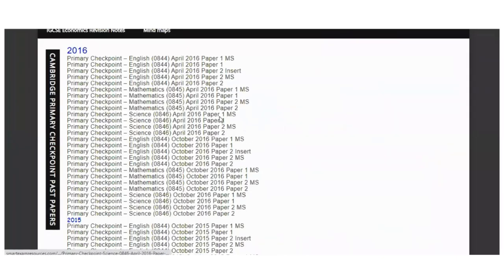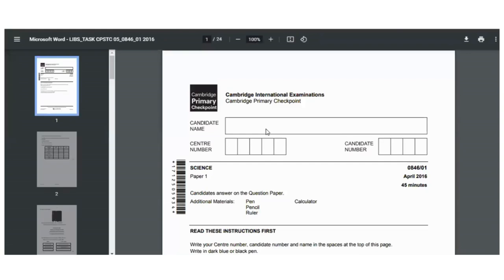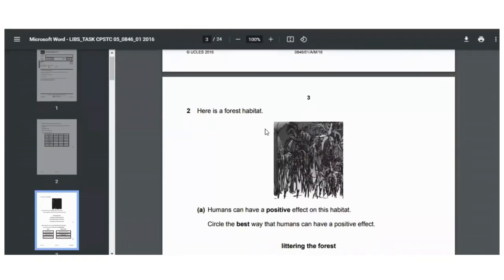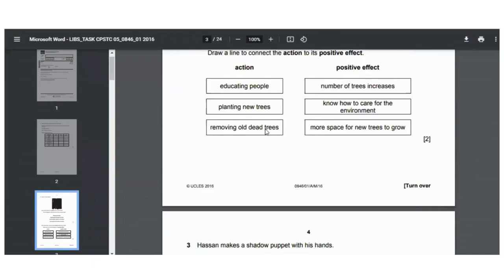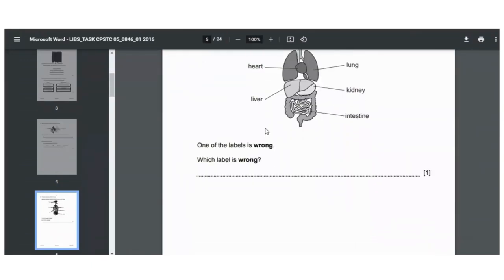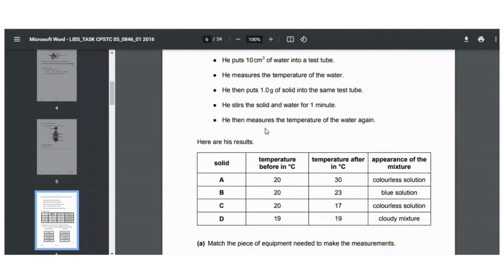But let me pull up one science one. Don't want to be leaving out science. For science as well, as you can see, solid, liquid, gas, again a bit of ticking exercise, a bit of matching exercise, small 1-word answer questions, fill in the blanks and stuff is also there.